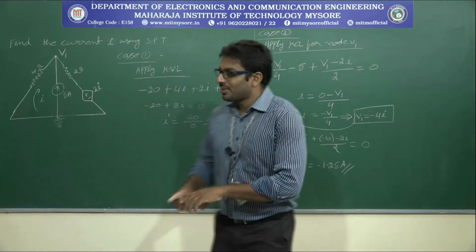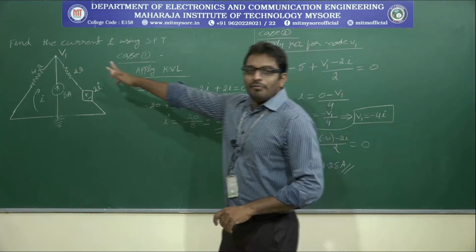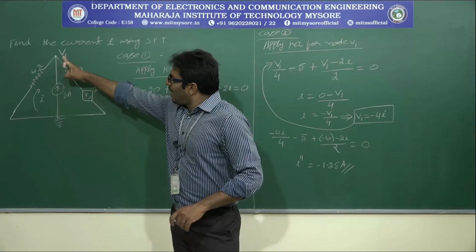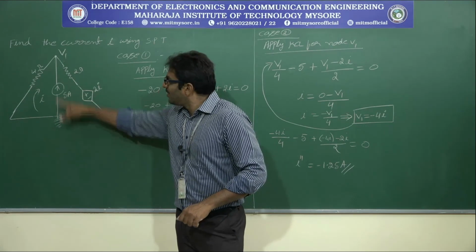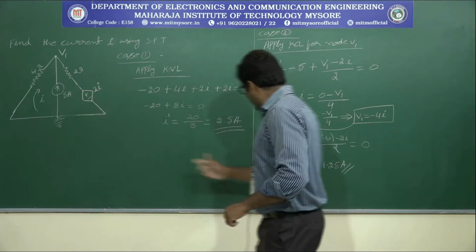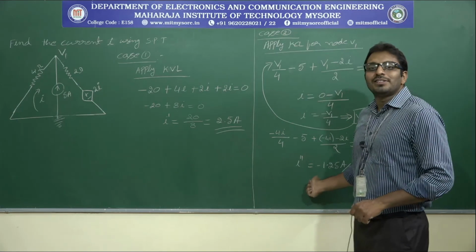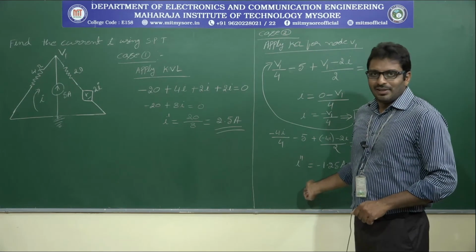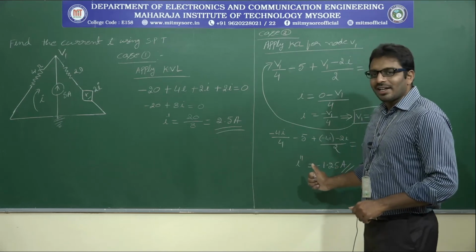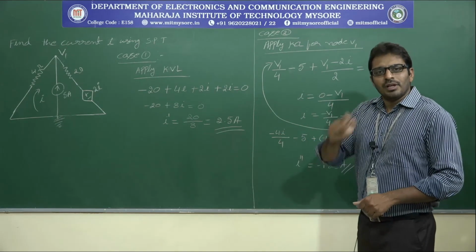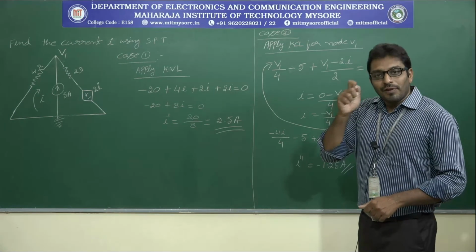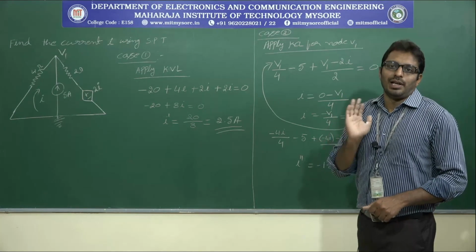Now you can understand: current flows from higher potential to lower potential, but here the assumed current is flowing from 0 to V1. That's why we are getting minus 1.25. The exact direction is V1 to ground, but in the superposition theorem we should calculate current for the given direction only.